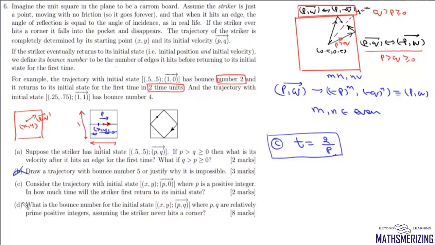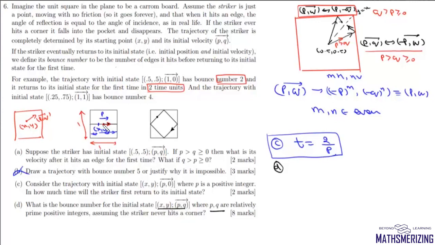Now we'll come to its fourth part. And its fourth part is, what is the bounce number for initial state (x, y) and velocity (p, q) where p and q are relatively prime positive integers, assuming that the striker never hits a corner. So a striker starts from (x, y) and it returns to (x, y) with the same velocity.